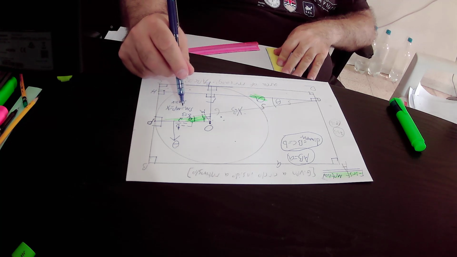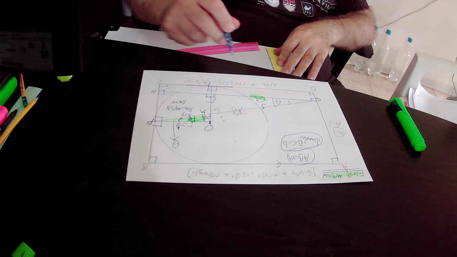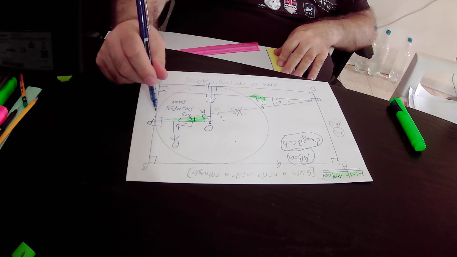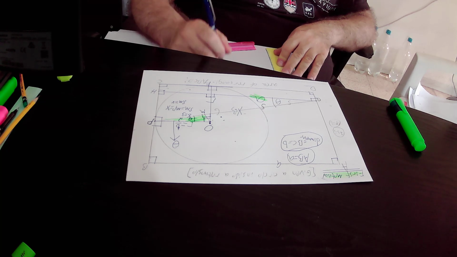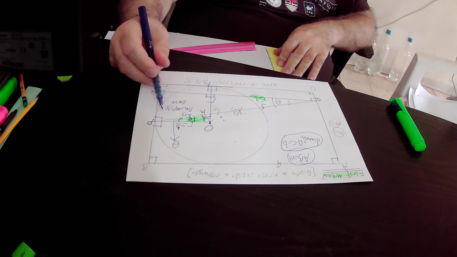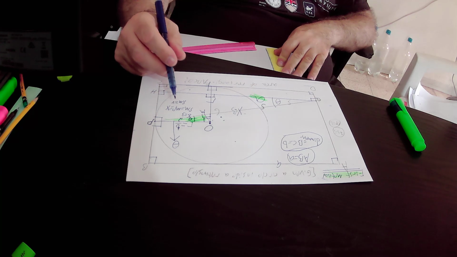MP equals X, that is equal to 3 units. The hypotenuse OP equals B over 2, it is the radius of the circle. Angle OPM is equal to theta.